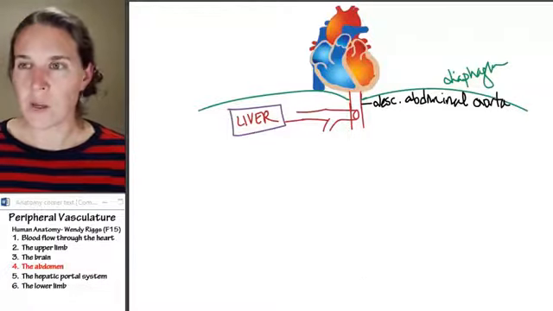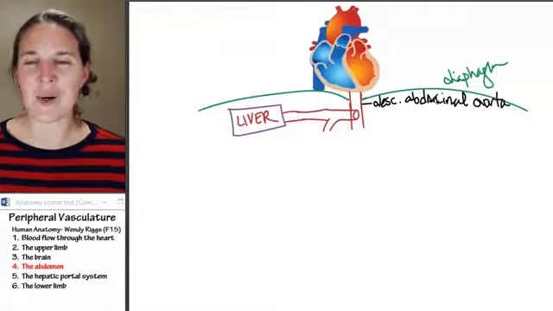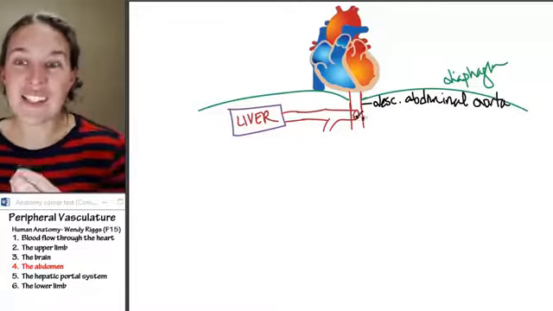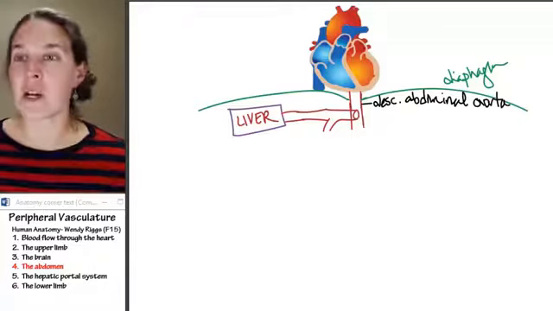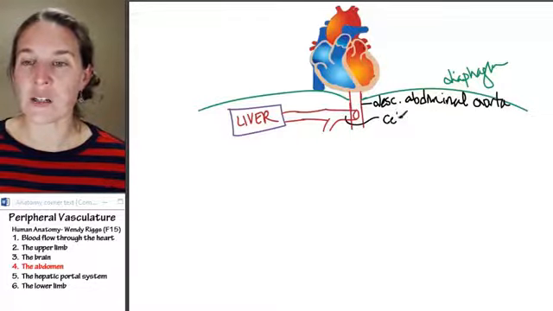Okay, so let's see here. Here comes this vessel. We need to name all these guys. The first vessel that actually comes off of the abdominal aorta is my celiac trunk.